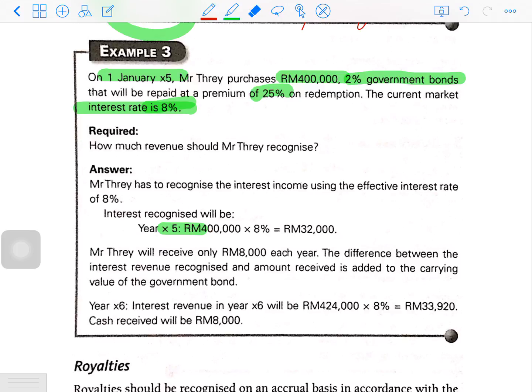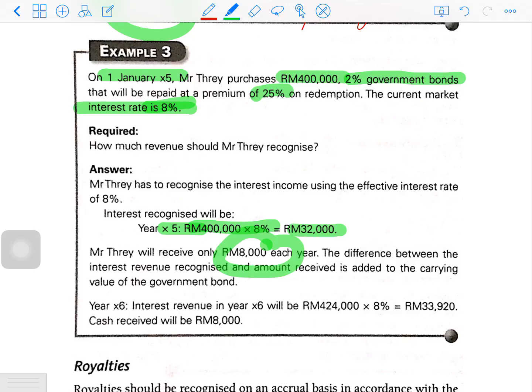So interest 400,000 times 8, you get 32,000. That is the assumption, assuming 3 years, or 4 years, right. Assuming 4 years, because it doesn't mention here how many years the redemption is. The calculation I did earlier was actually correct. Assuming 4 years redemption, each year you get 8,000.